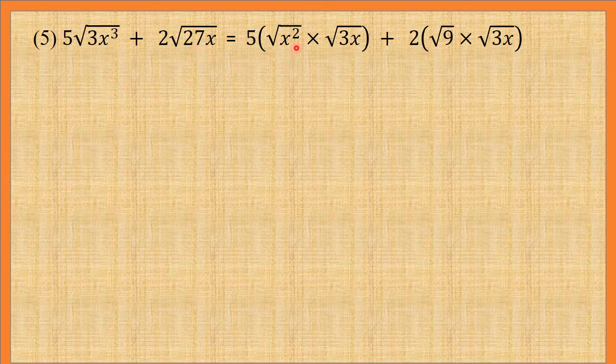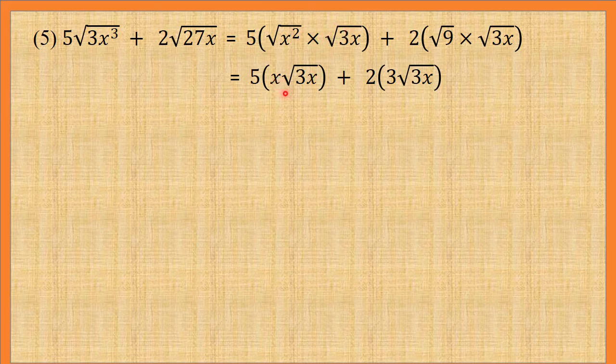To simplify, root of 9 we know is 3, so this can be simplified as 5 root of x squared, which is x, multiplied by root of 3x, which gives us 5x root 3x, plus 2 by 3 root of 3x.